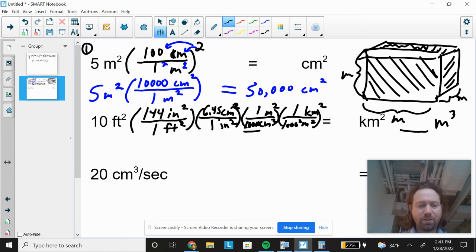And my answer would be 10 times 144 times 6.45, and then divided by 10,000 centimeters and a million meters squared, right?